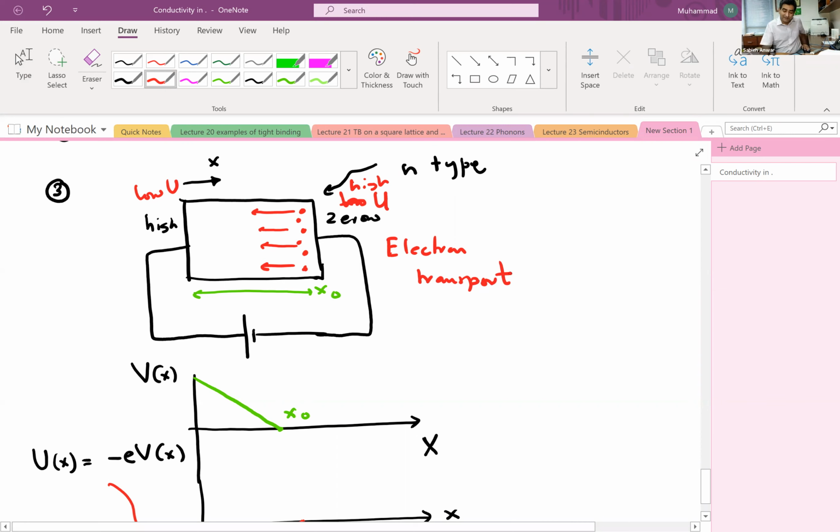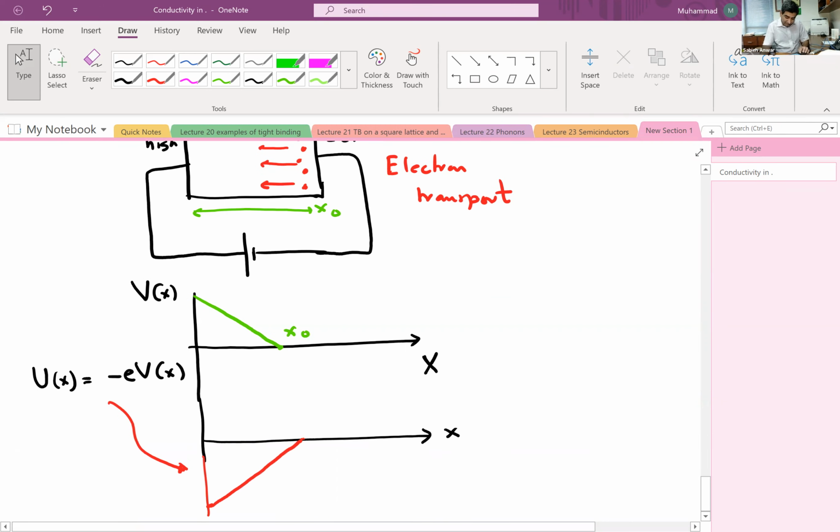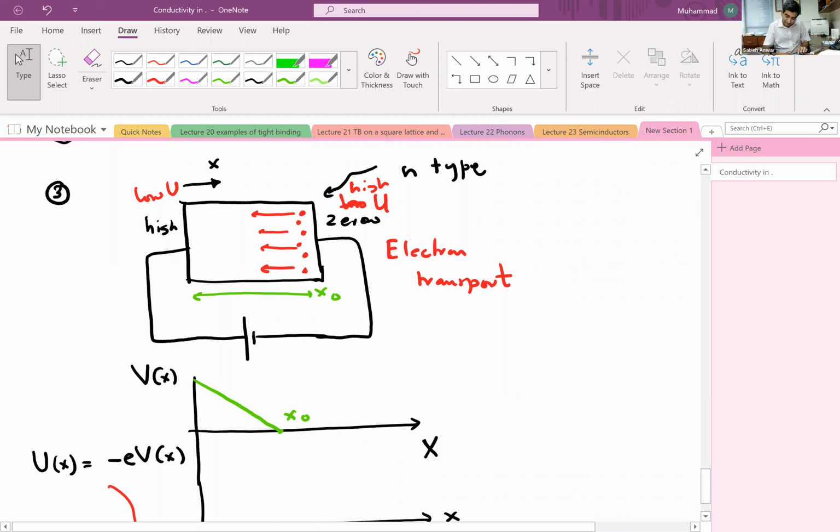Right? So in the case of this electron transport, what we do see is that the average energy of the electrons is high here and low here.